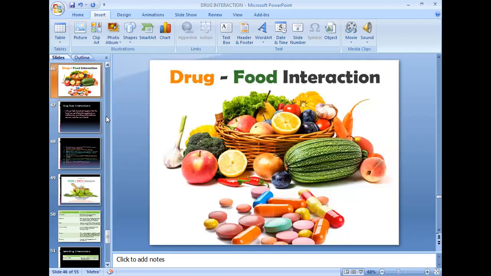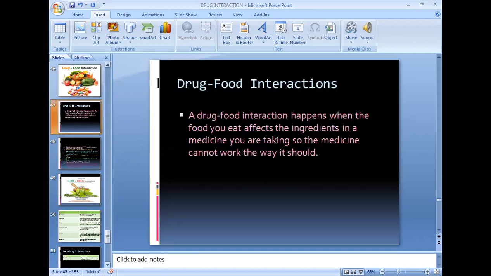As earlier we said, it is not only drugs which are responsible for drug interaction, but food can also interfere with the way the drug produces its effect in the body. What basically occurs?